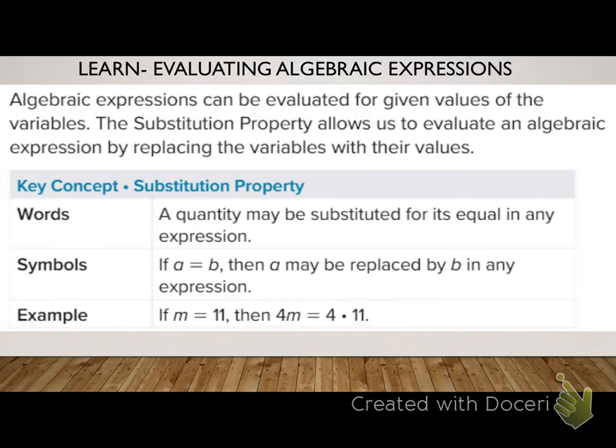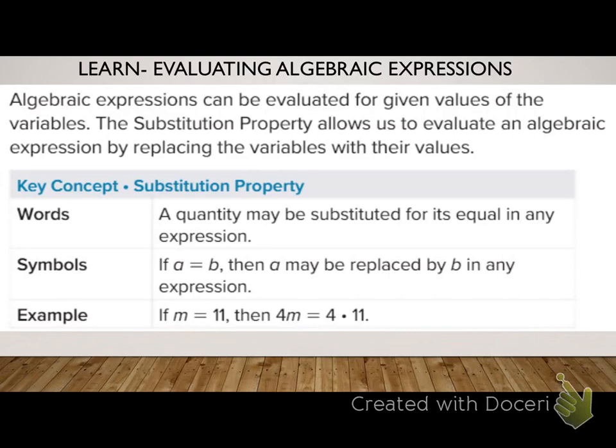So if a variable equals a number, I can replace that variable with that number. Everyone okay with that concept? We're going to be doing that here in a little bit. We're going to be substituting values into expressions and then evaluating what that expression is. Okay? For time's sake, I'm going to go ahead and move on.